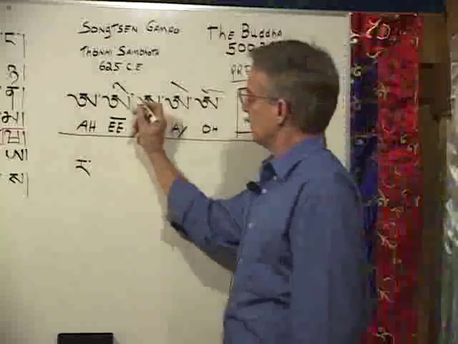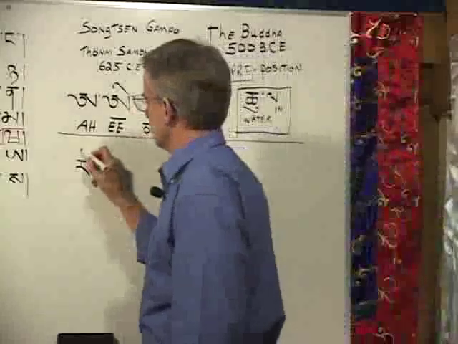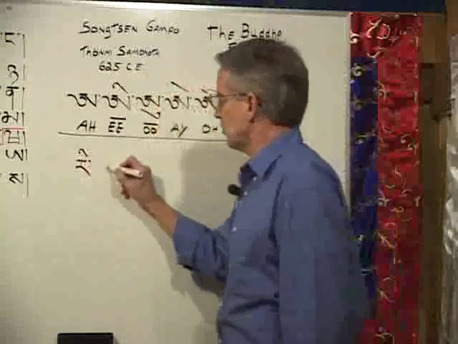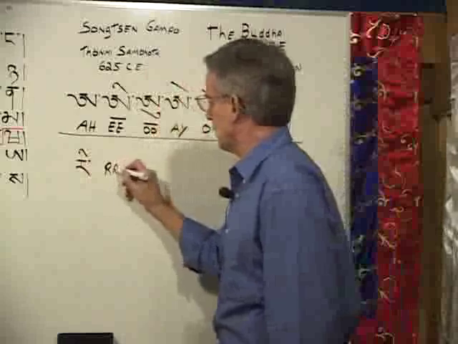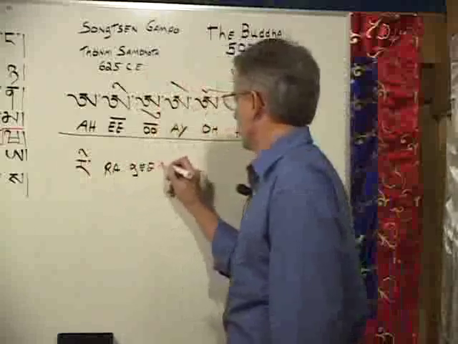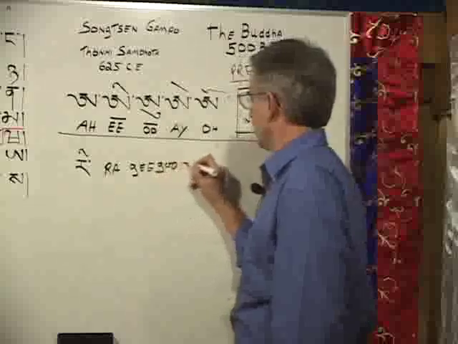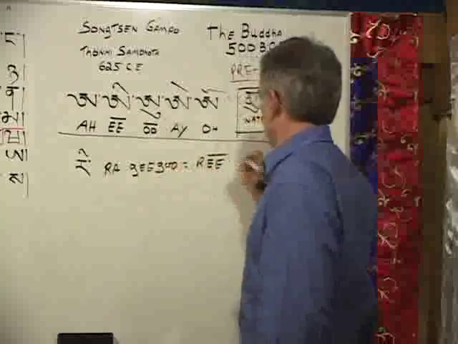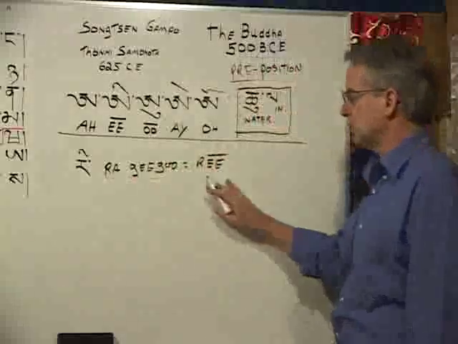But if we put the vowel sign gigu on top of it, we get the word that's spelled ra, gigu, ri. That's how we would spell it in Tibetan.